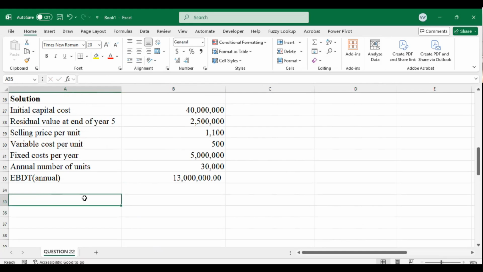As a matter of caution, it is good to state that you've made this assumption, especially because this is an exam and you are not sure how the marking scheme was presented.